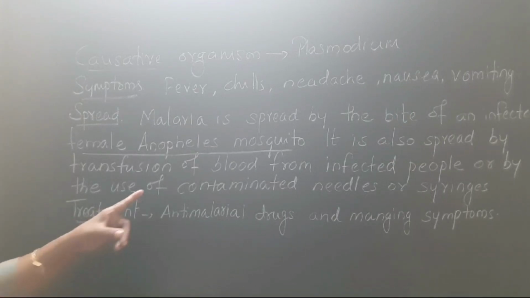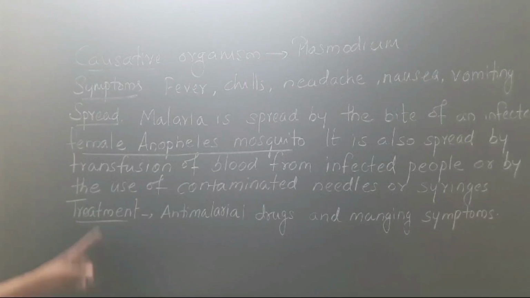And by the use of contaminated needles and syringes: if a needle or syringe used for a malaria patient is used for another person, there is a chance for that person to get malaria.